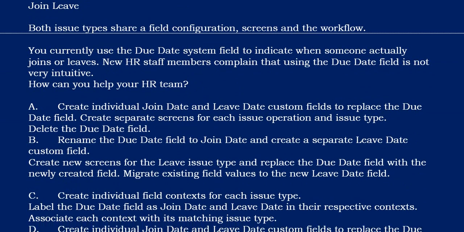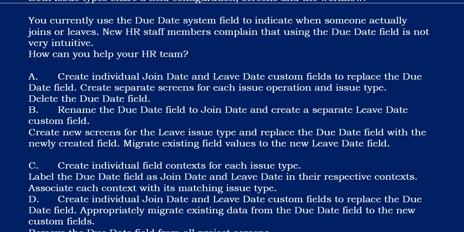Option A. Create individual join date and leave date custom fields to replace the due date field. Create separate screens for each issue operation and issue type. Delete the due date field.